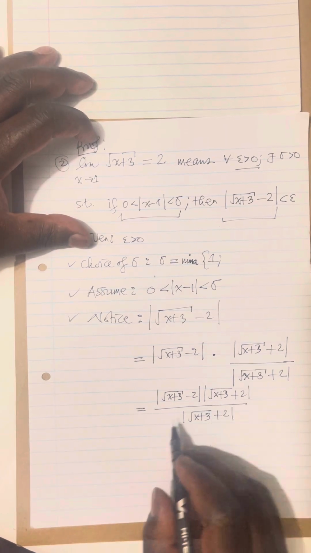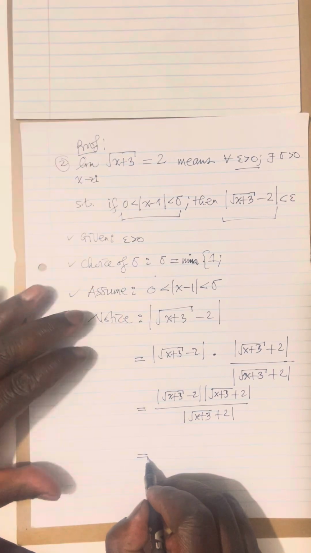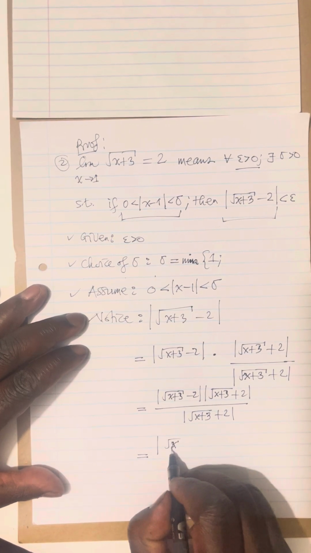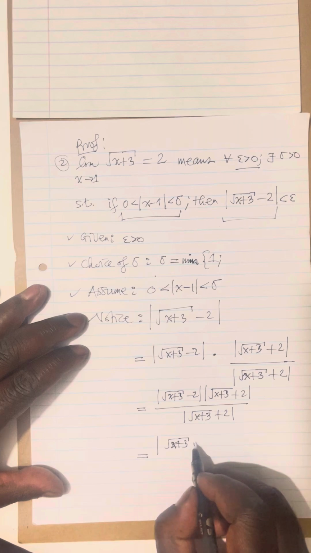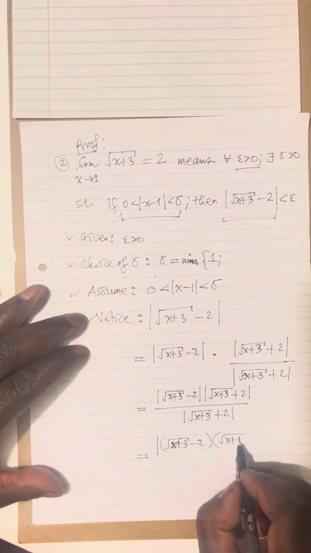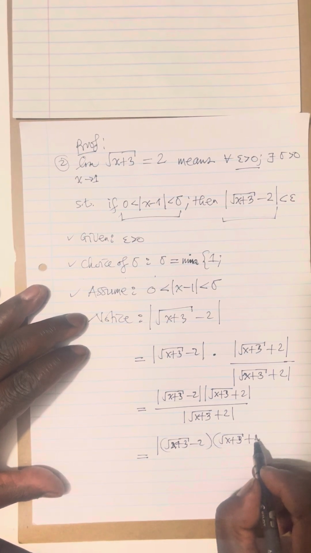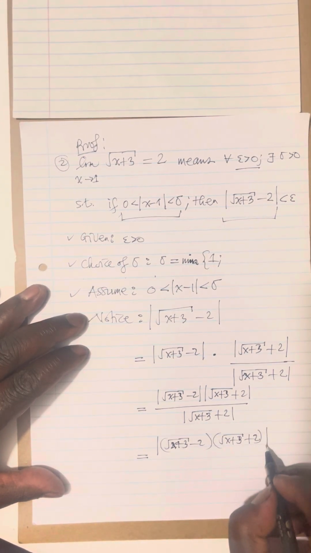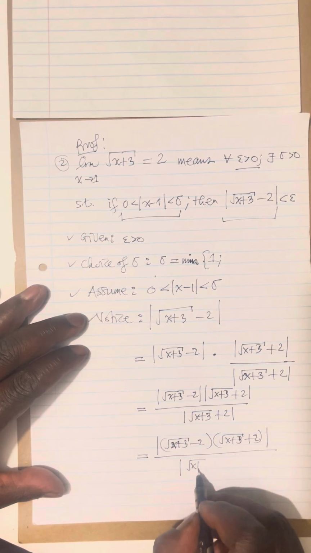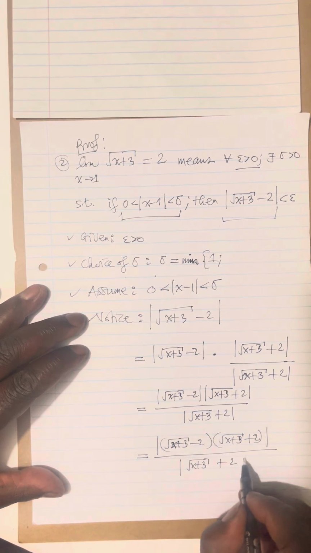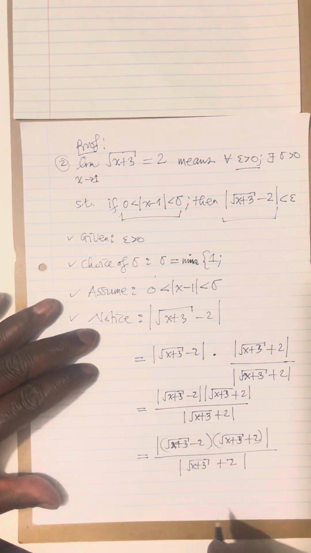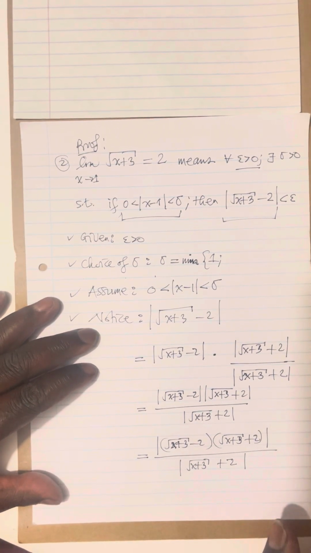Now the numerator simplifies to the absolute value of square root of x plus 3 minus 2 in one bracket, times square root of x plus 3 plus 2 in another bracket, all over the absolute value of square root of x plus 3 plus 2. No need for us to put absolute values here because this is always positive, but let's just carry on because the tradition requires us to do that.